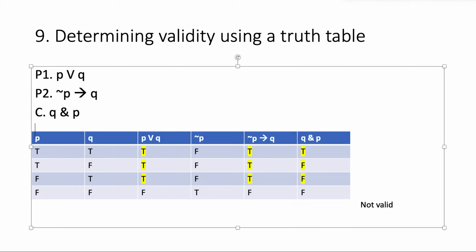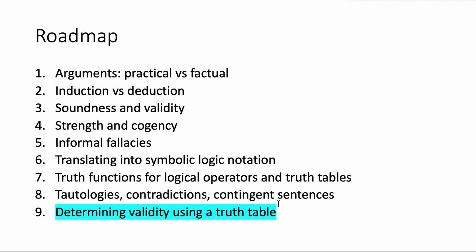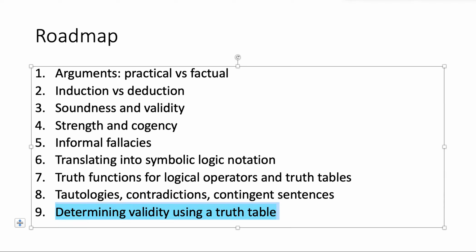Okay, now let's go back to the roadmap. So we've done determining validity using truth tables, and that's the final section. Now, just to remind you all what we've done, the first bunch of concepts is really just about understanding different kinds of arguments and the concepts we use to assess them.